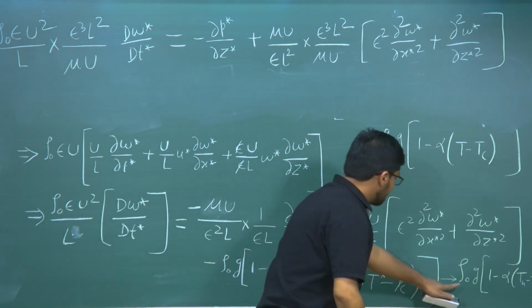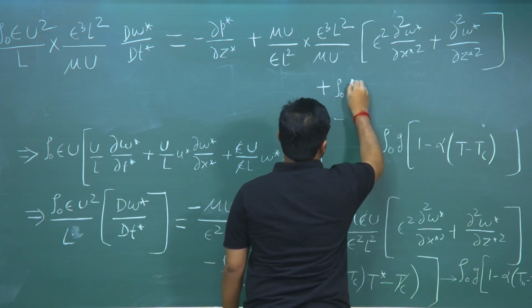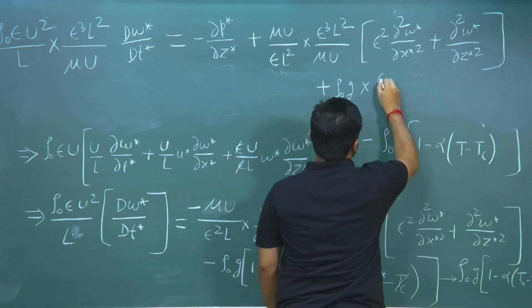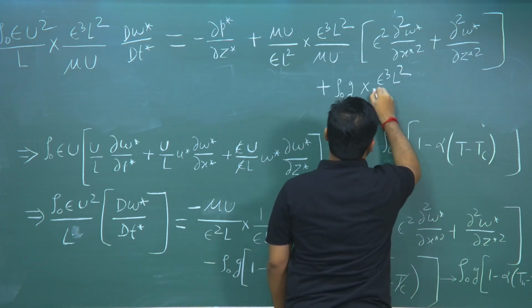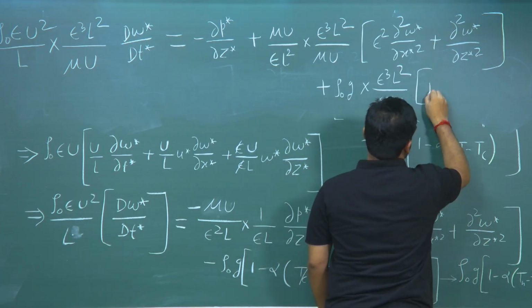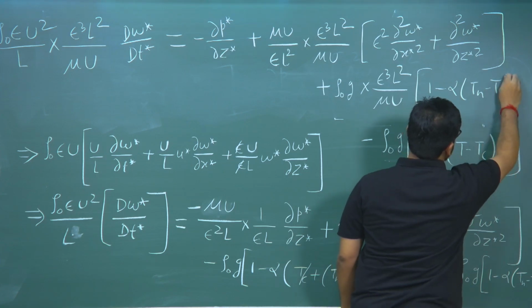And another term will be this one, which is plus rho naught g into epsilon cube L square by mu times u into 1 minus alpha (T h minus T c) times T star.